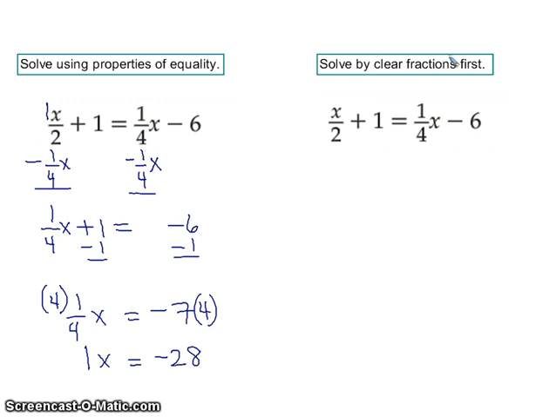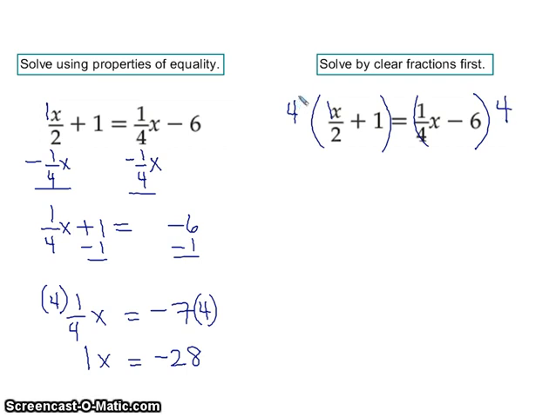Personally, I really like clearing fractions. So in order to clear fractions, we're going to multiply both sides by a number that will allow us to eliminate the fractions. And that number happens to be the common denominator. The common denominator of 4 and 2 is 4.